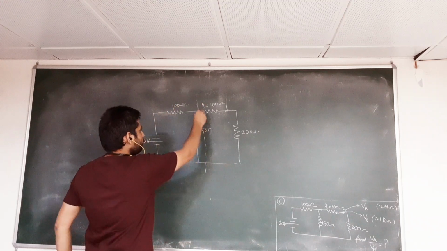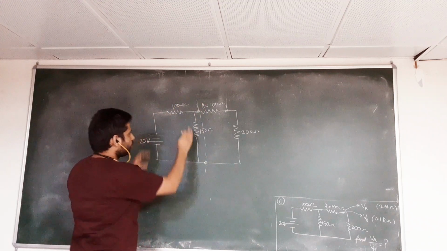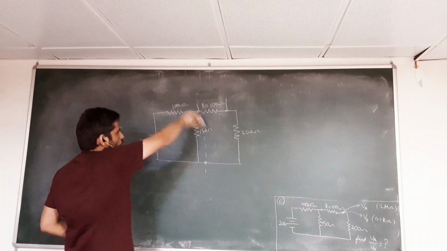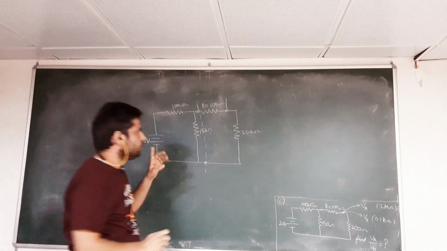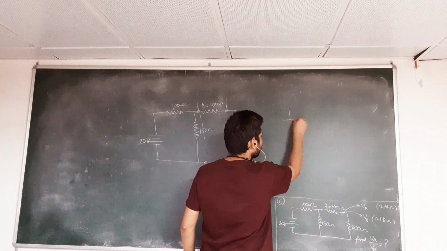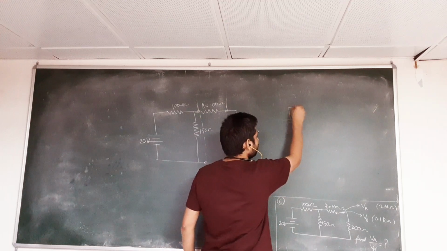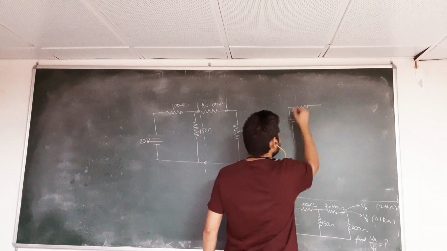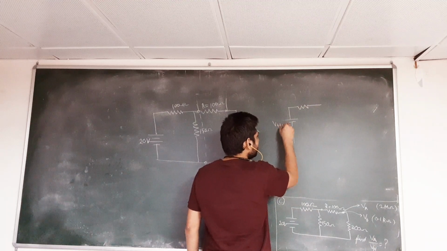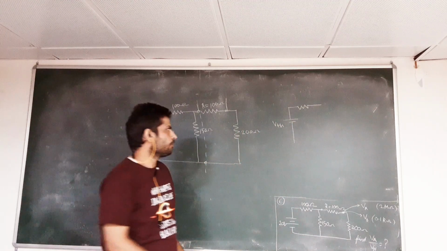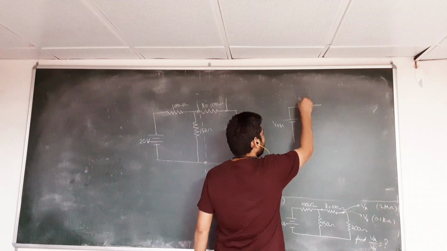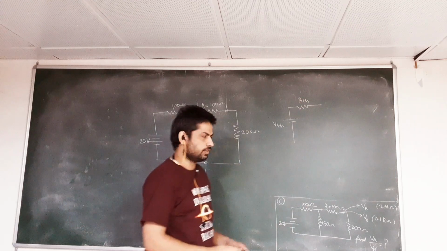So if you draw a Thevenin equivalent circuit across these points, this whole diagram will be replaced by one voltage source and one resistance. The voltage source we will call VTH, that is Thevenin equivalent voltage, and this resistance we will call RTH, Thevenin equivalent resistance.